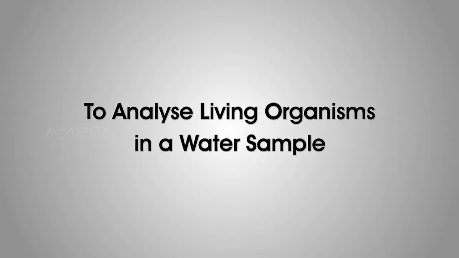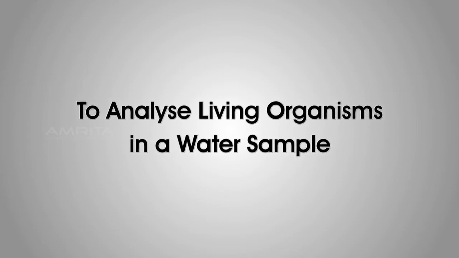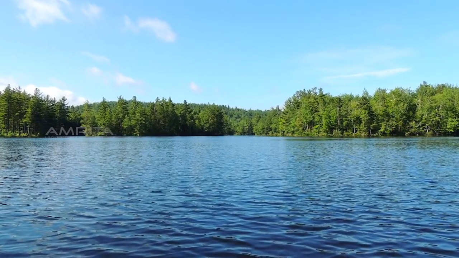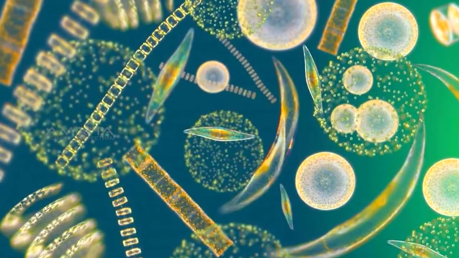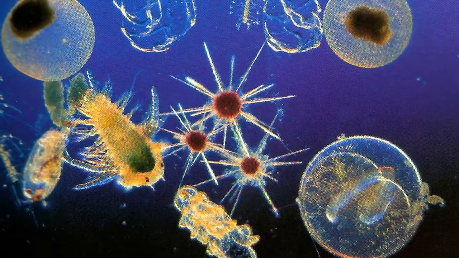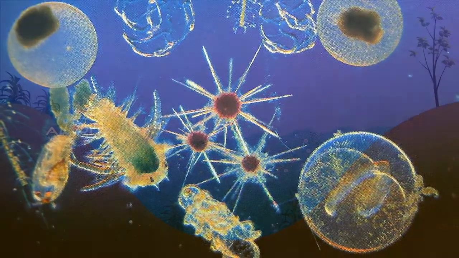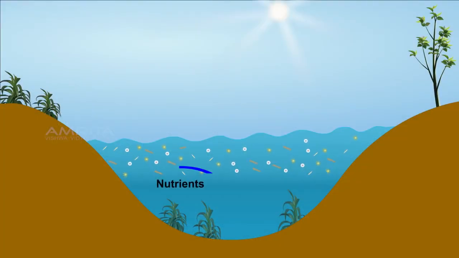To analyze living organisms in a water sample. A productive water body has high nutrient concentrations and has a very high density of phytoplankton per unit area. These water bodies have high amounts of nutrients and dissolved oxygen and bear a large number of organisms at different trophic levels.